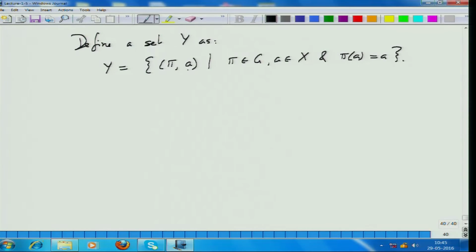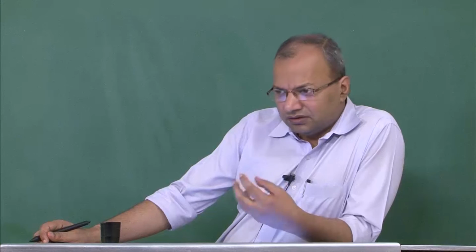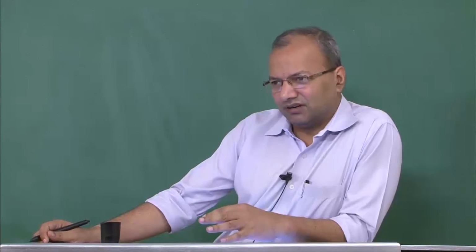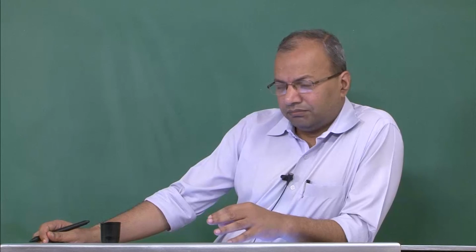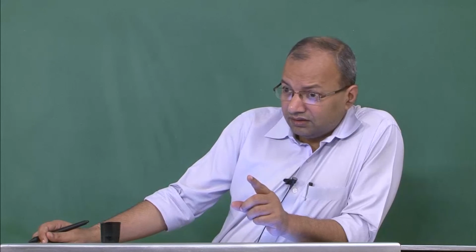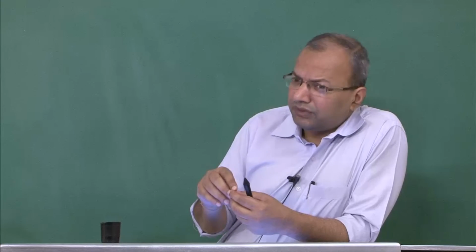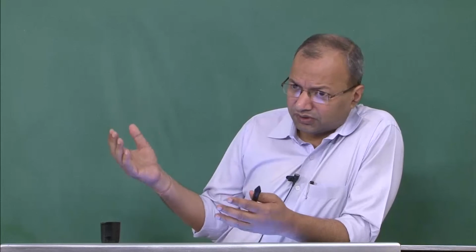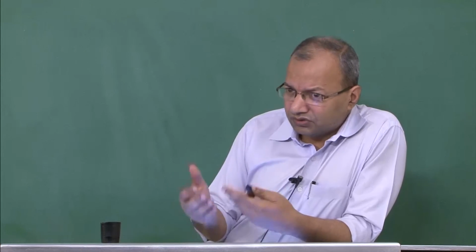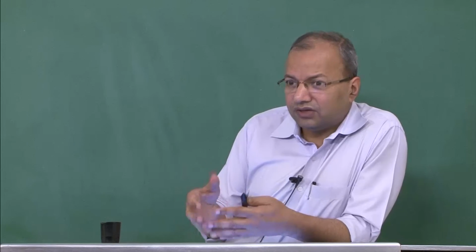One component of a pair is pi in G, and the second component of the pair is A in X. And the pair (pi, A) belongs to the set Y if pi of A is A. That means this element pi of the group G does not disturb A, it sends A to itself. Pi need not be identity. Pi could be mapping some other element to a third element. That is possible. But it just so happens that it keeps the element A to itself.